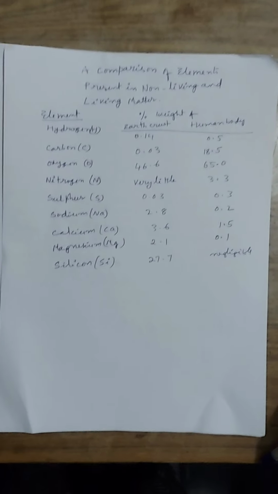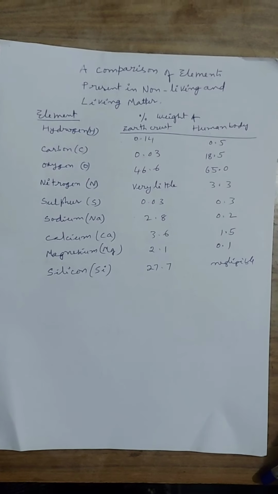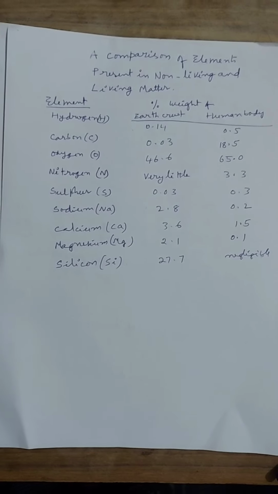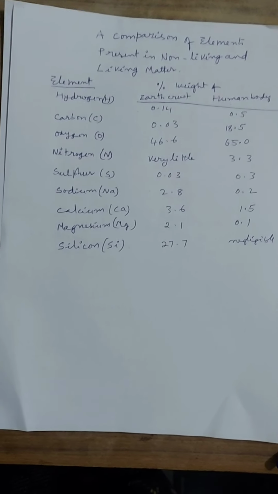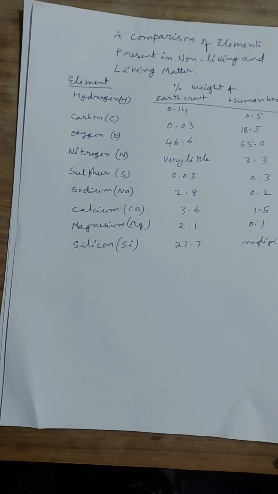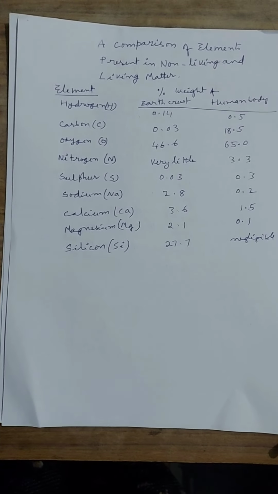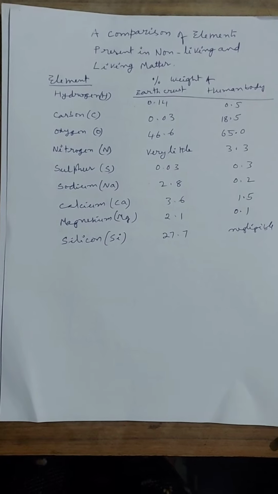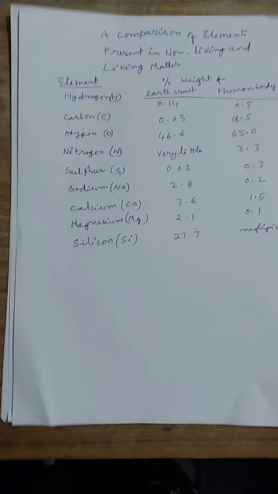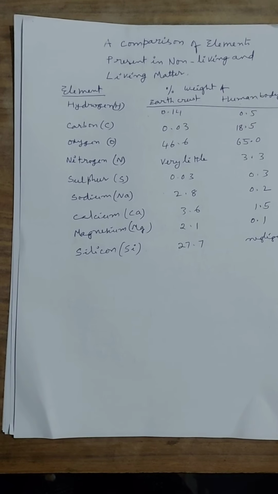Now, if you see the earth crust, it is a comparison of elements present in non-living and living matter. For example, hydrogen: percentage of weight in earth crust is 0.14, in human body it is 0.5.